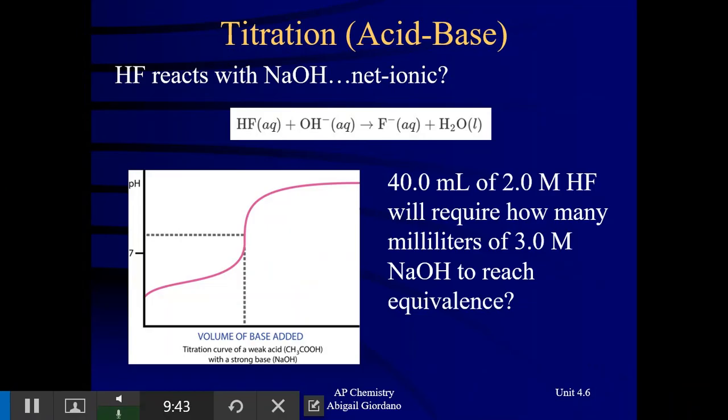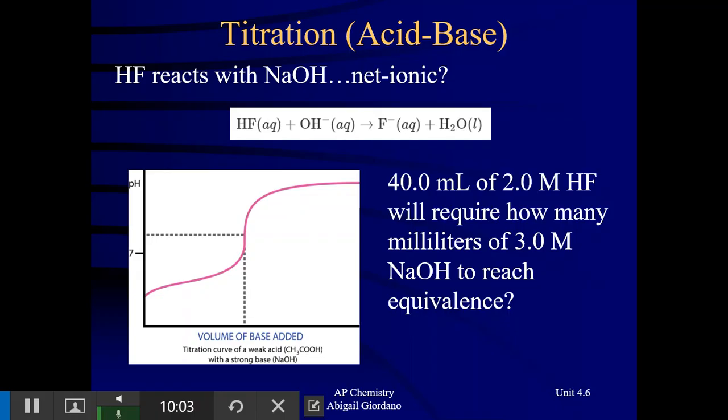It says 40 milliliters of 2 molar HF. Now stop right there. When you are given a volume and a molarity of anything, I want you to think about what you can immediately solve for.